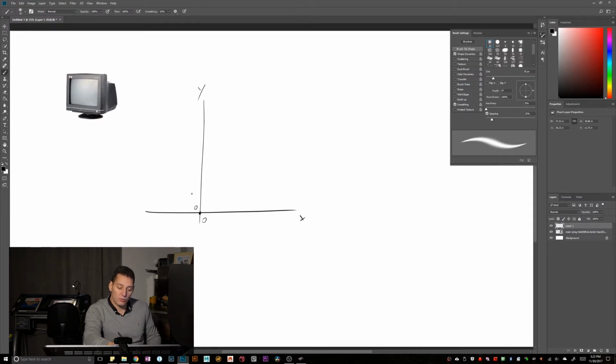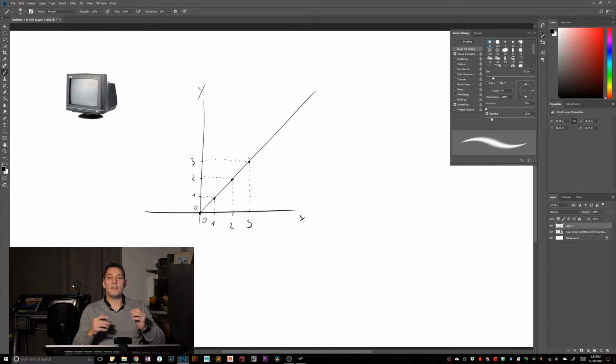Let's say now that I have two terms, one on y and one on x, and for example, if I trace a diagonal line here, which is cutting this quadrant, I will have one here and one here and two here and two here and three here and three here, and this distance and this distance is exactly the same, so that if I intersect these points like so, basically this distance between 0 and 1 and 2 and 3 is always the same, which means that both terms have increased the same amount.